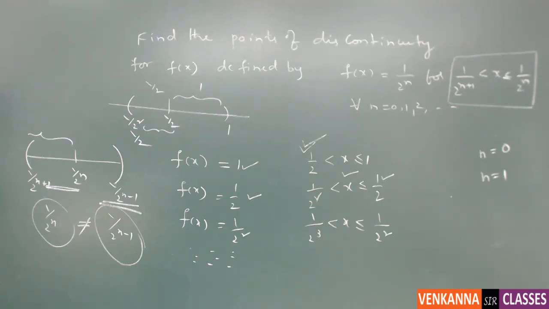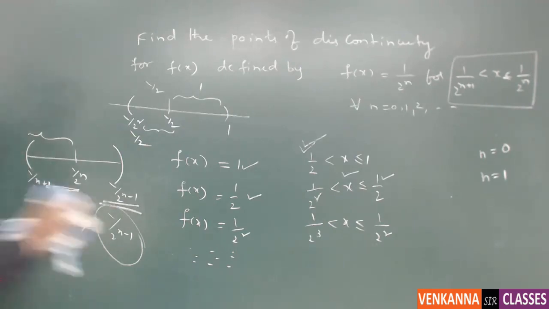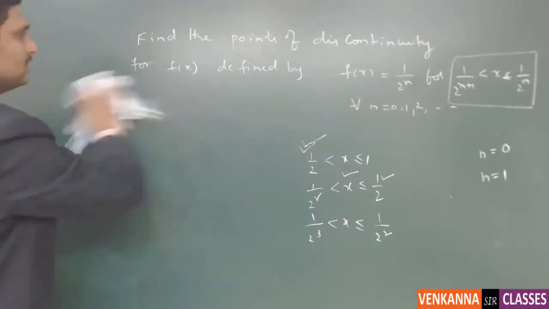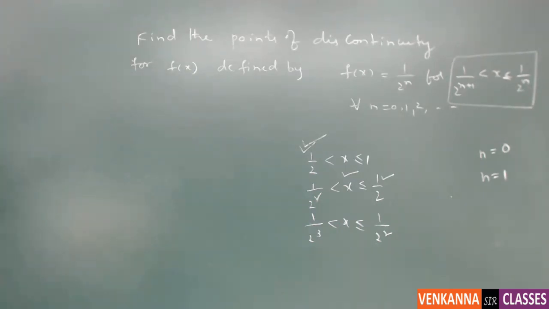So whenever you take a neighborhood, left neighborhood and right neighborhood, you are taking the upper value. Yes or no? I will repeat this again. Just hold on a moment. I will draw this again.